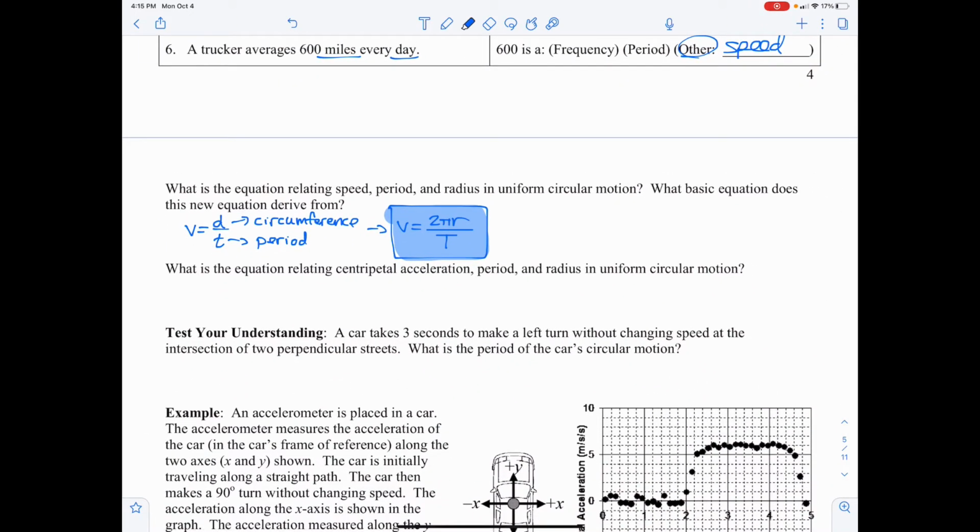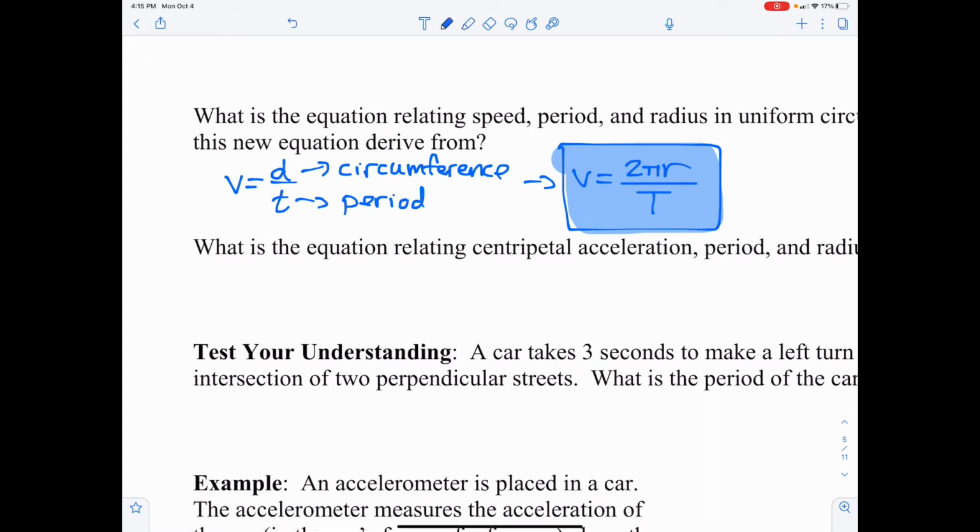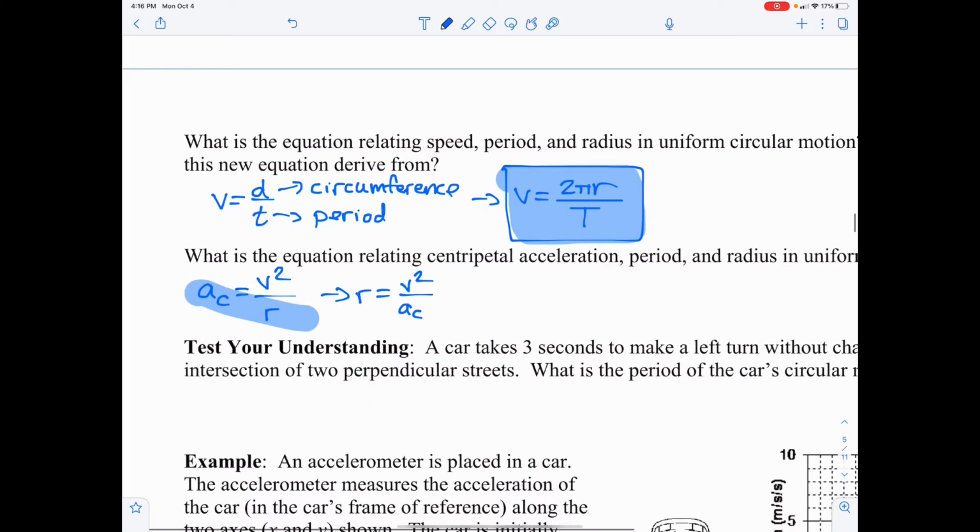What is an equation relating centripetal acceleration, period, and radius? All right, well, there's a couple of them really, but here's one that we can work with. Start off with the idea that a sub c is equal to v squared divided by r. Now I'm going to swap those two, and we get r is equal to v squared over a sub c.